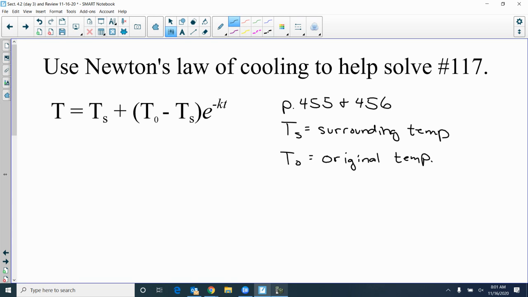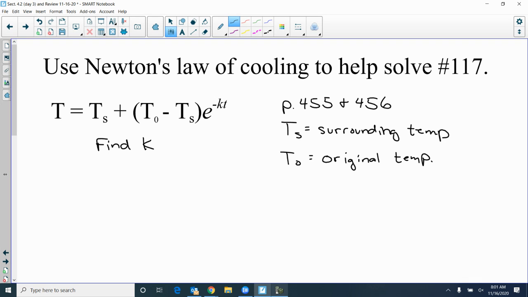K is kind of the rate of, like, at which it is decreasing or increasing. We don't know what K is at this point. Our biggest thing right now is to find K. We got to do that. All right. And now T is basically the temperature after whatever time you have.